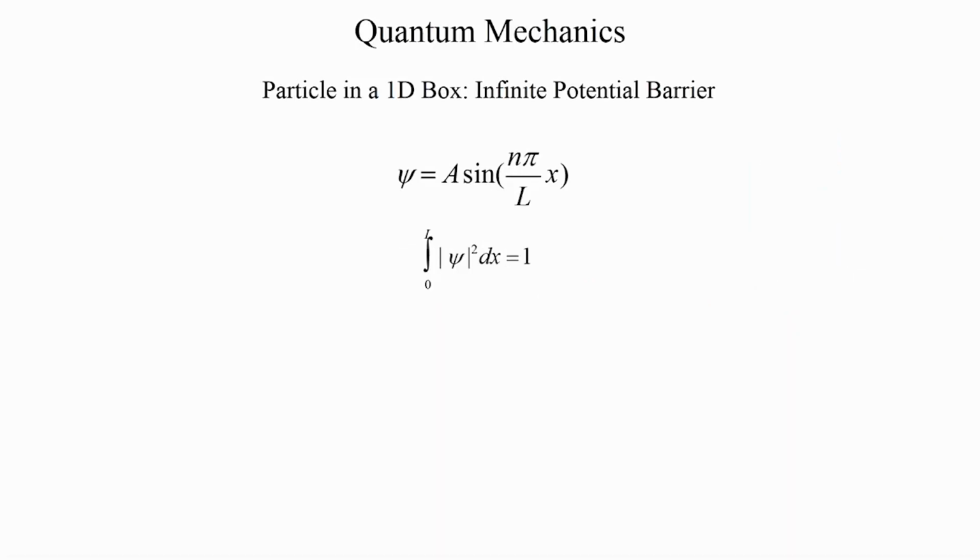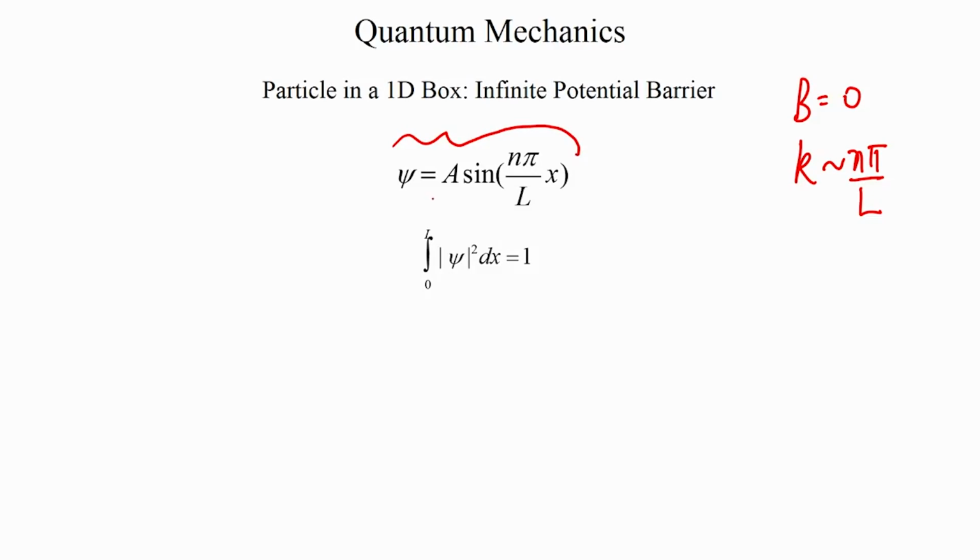We have now identified b to be equal to 0, and we have identified k to have the form n pi by L, where n is an integer. So the wave function has reduced from the very general expression containing sines and cosines to this: it has to be of the form a sine of n pi by L into x.